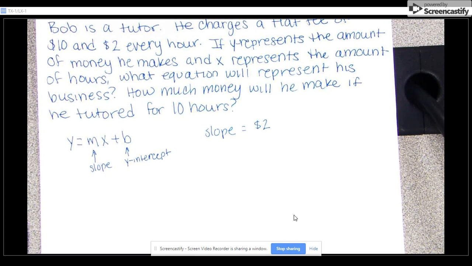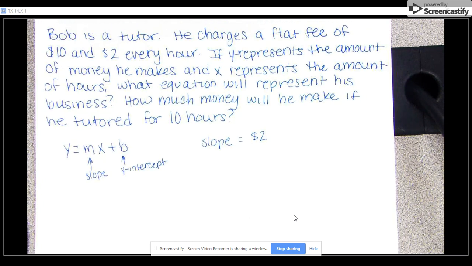Now, step 2. Step 2 is to find the y-intercept. The y-intercept is the starting amount or the one-time only fee. Words that can point to the y-intercept are words like flat fee, first time amount, starting price, starting amount, or just starting at a particular area.